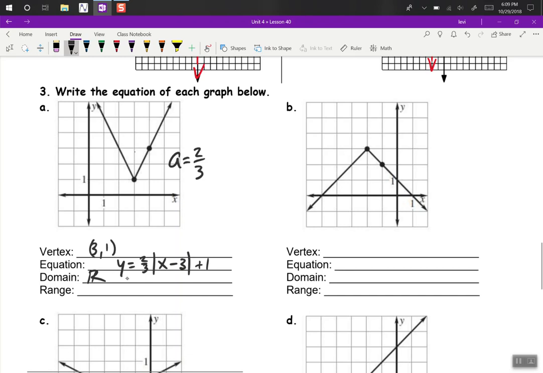Well, our range would be y values that are greater than 1, right? Y values greater than 1. And this is a closed circle, so actually greater than or equal to 1.